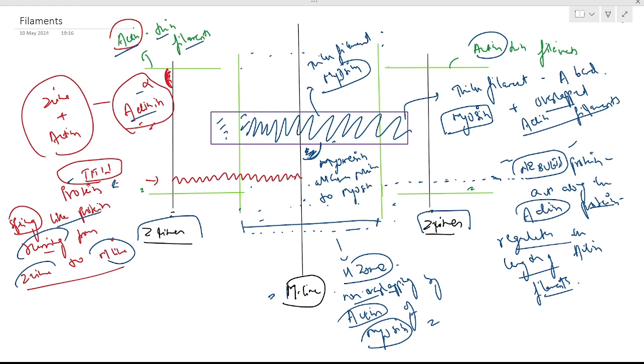So M to M, myomesin from M line to myosin. This is our fourth and last protein to be discussed.